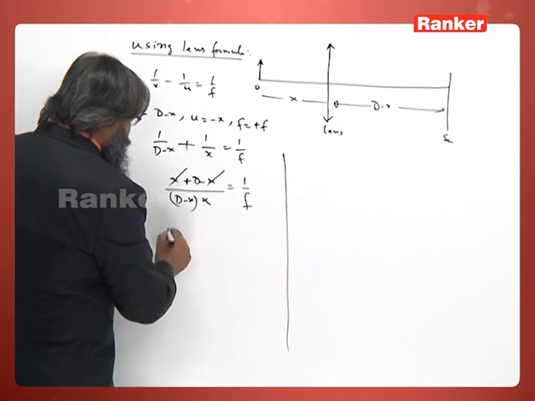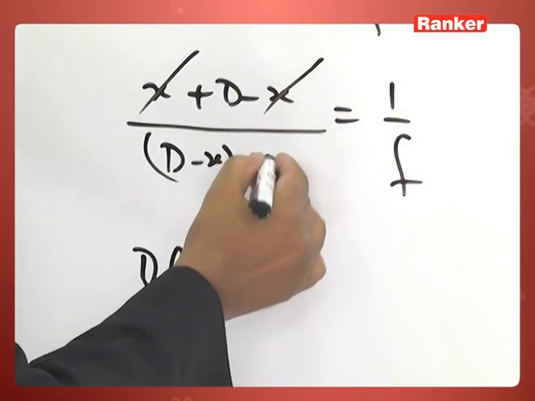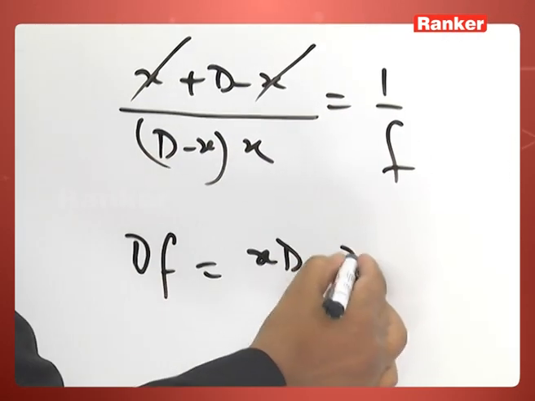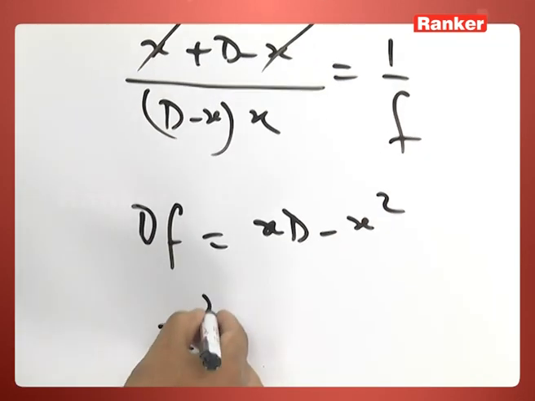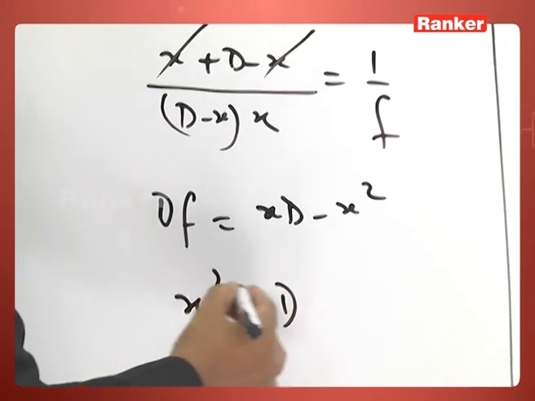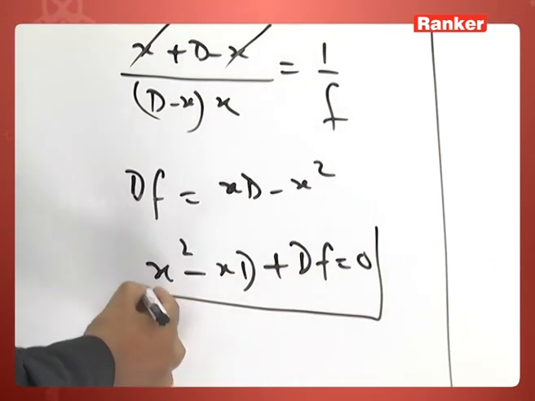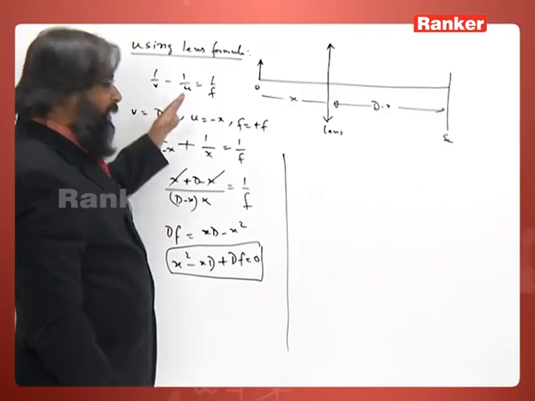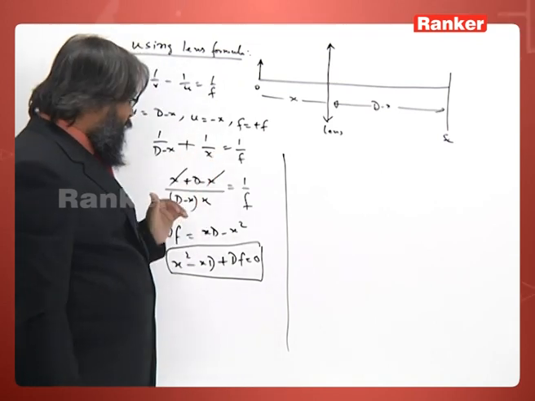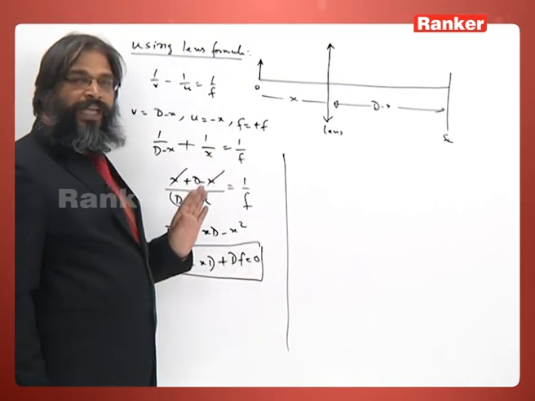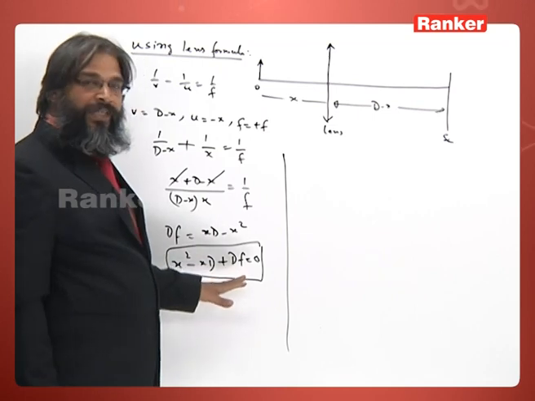We get Df is equal to xD minus x square. Rearranging, x square minus xD plus Df is equal to 0. So, using the lens formula, we got a quadratic expression. This is the quadratic equation.